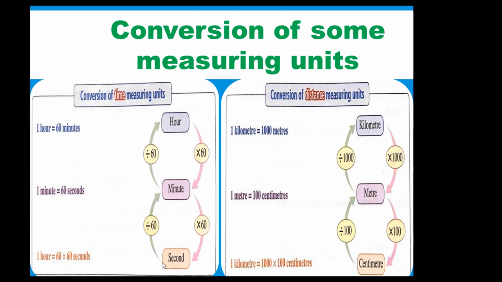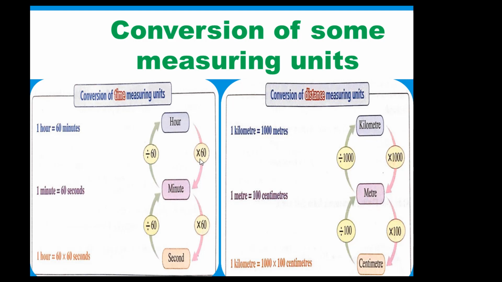Reverse, from second to minute, divide by 60; from minute to hour, from small to large, divide by 60. Again, from large to small, multiplication; from small to large, division.